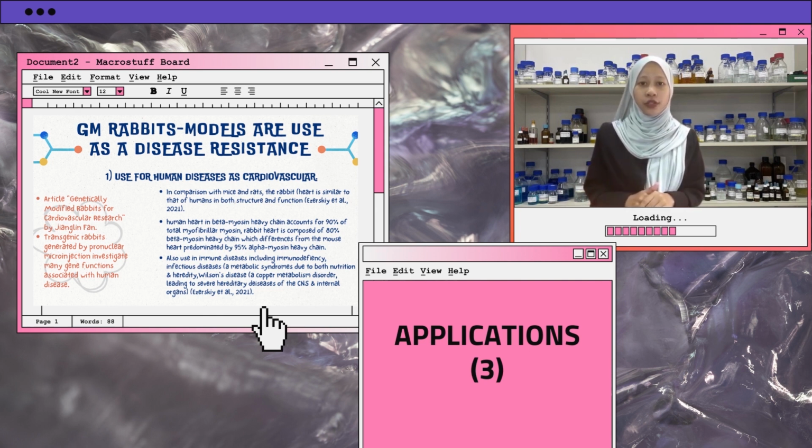GM rabbits are also used in immune disease including immunodeficiency, infectious disease, metabolic syndrome due to both nutrition and heredity, Wilson disease, a copper metabolism disorder leading to severe hereditary disease of the CNS and internal organs, and other uses in disease resistance.